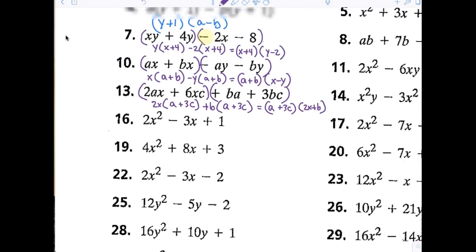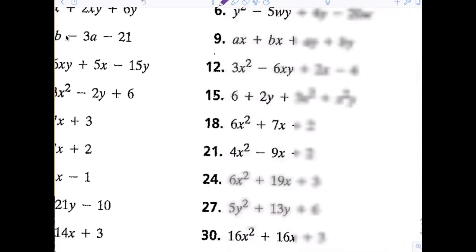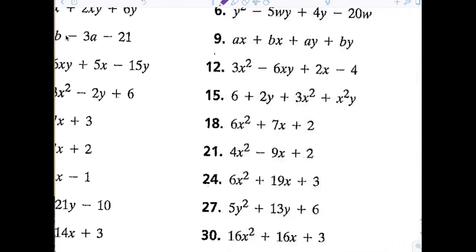Now I want everybody to take a look at number 12. We have to fix this one. I need everybody to add a y. Now let's see.